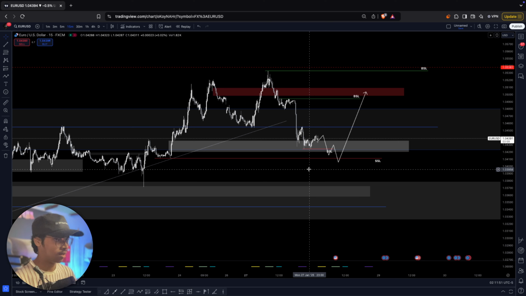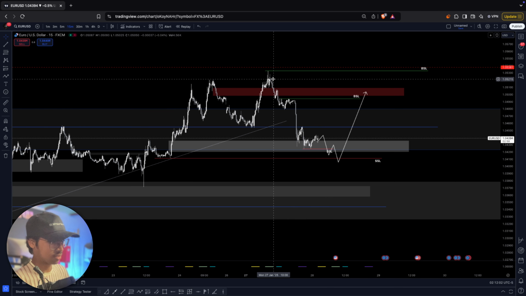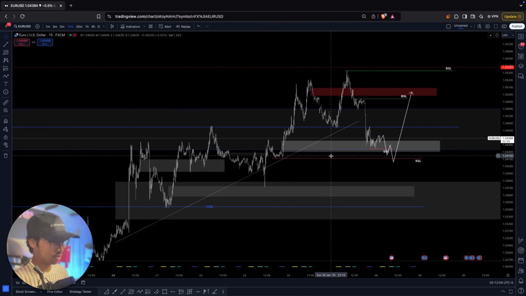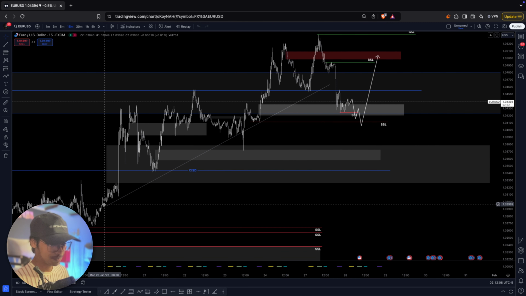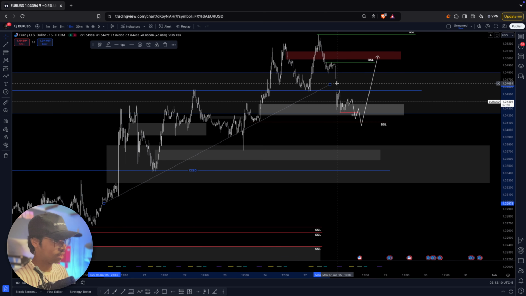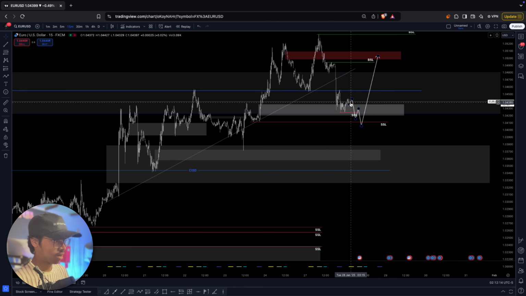Okay, see, a lot of retailers really love to find the highest high, and they like seeing this structure, so they think now the market structure has broken. Anybody who's watching this will see that these are the trend lines, this trend line is broken, and now the price will start breaking down.